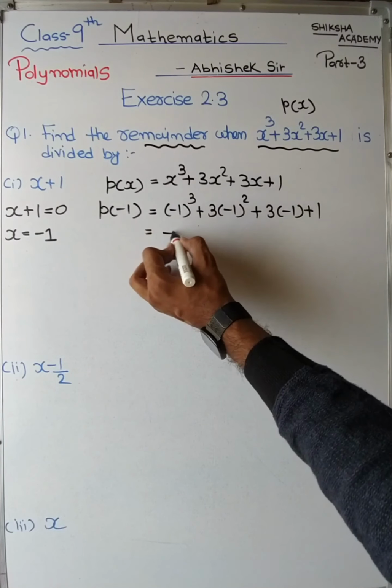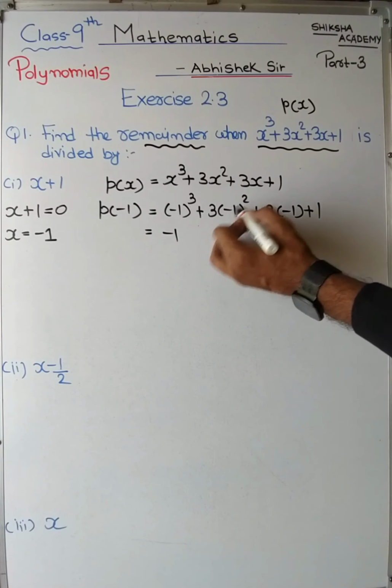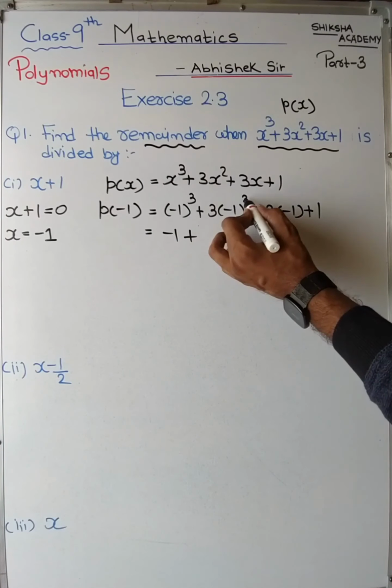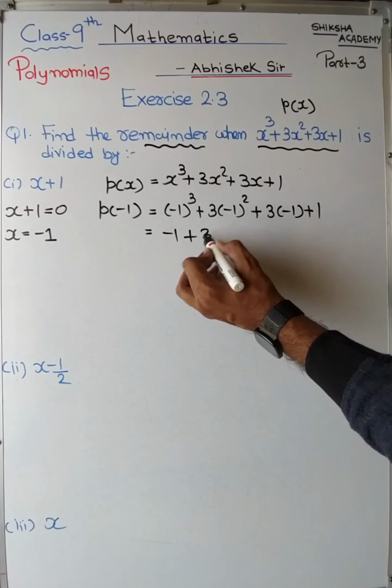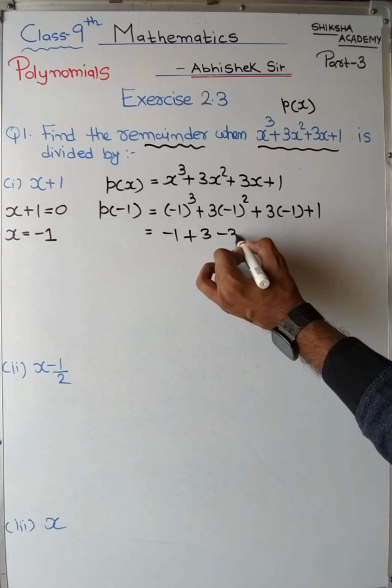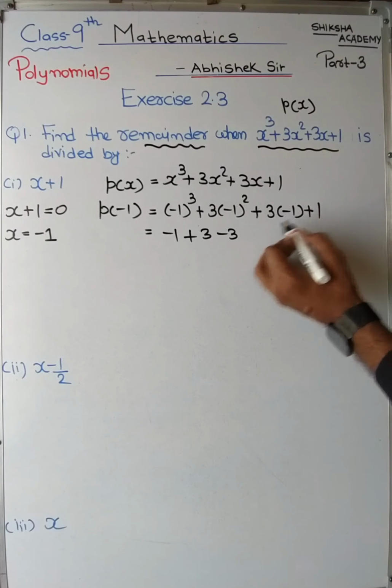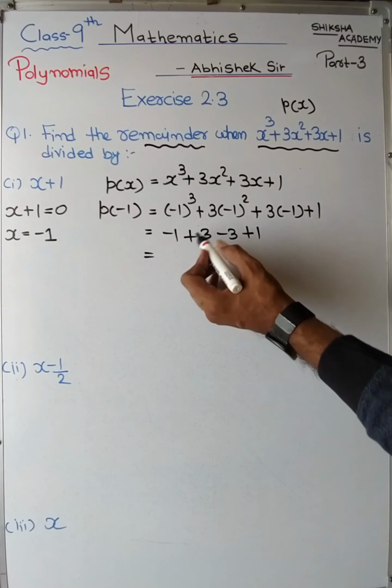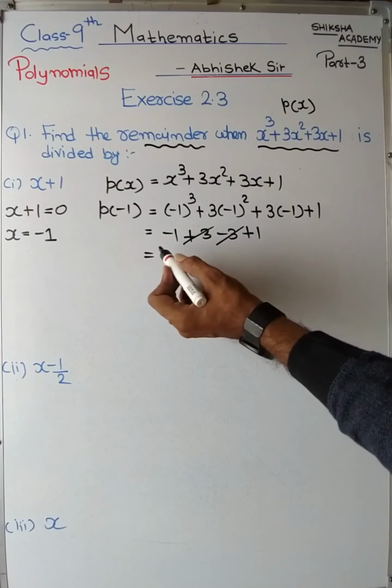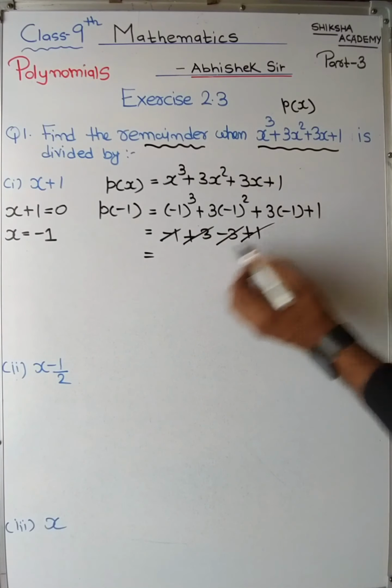So minus 1 cube is minus 1, 3 into minus 1 square, minus 1 square is plus 1 into 3 is 3, 3 into minus 1 is minus 3, and plus 1 will be repeated. So here we can see that 3 minus 3 can be cancelled, 1 minus 1 and 1 can be cancelled. So final answer is 0. So what is the remainder?